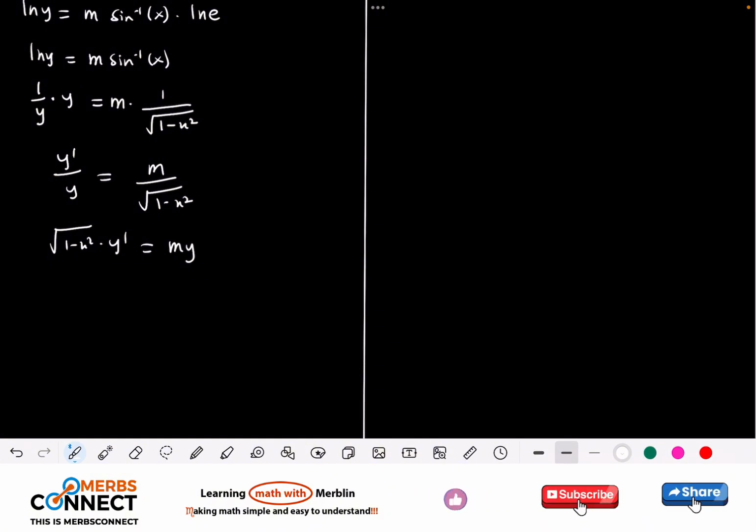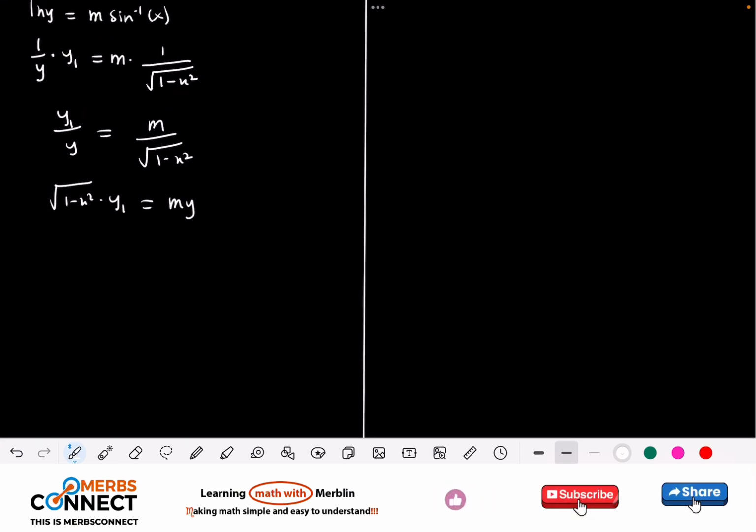So instead of the prime, let me make it y1 down there. So I'm going to square this and also square this so that I can take care of the root here. So this will cancel this and square this one too.